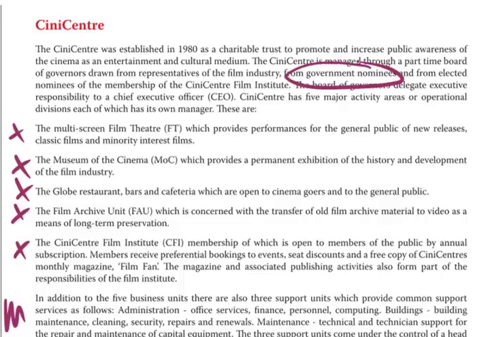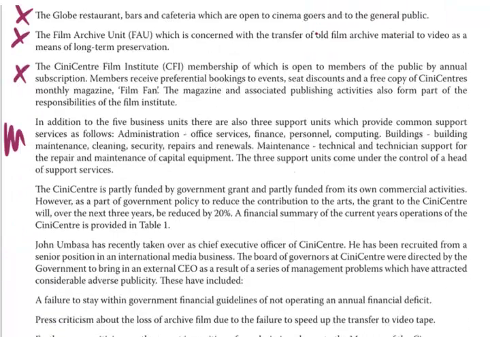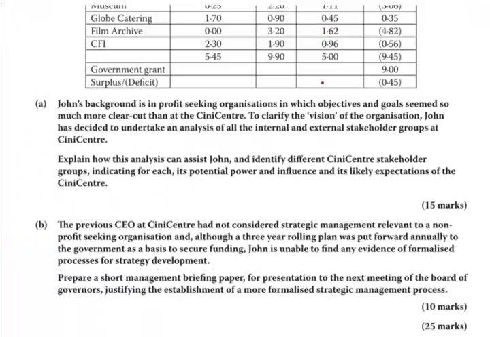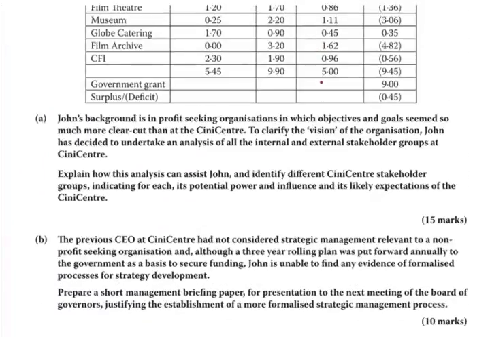Why might the stakeholder analysis be useful to John? His problem comes because of the financial deficit. At the moment, CiniCentre is showing a deficit of 0.45. But the government grant is set to reduce over the next few years.